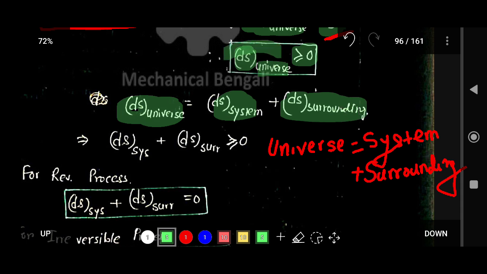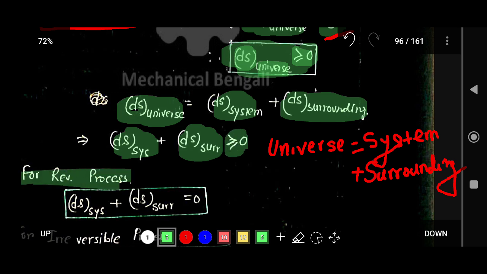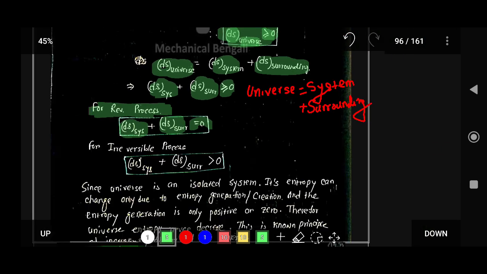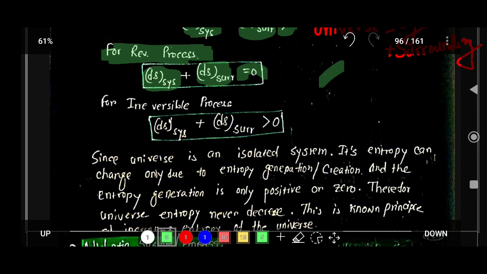As dS universe is greater than or equal to 0, from here you can say that dS system plus dS surrounding is greater than or equal to 0. And if it is a reversible process, then dS system plus dS surrounding is equal to 0. And if it is an irreversible process, then dS system plus dS surrounding is greater than 0.